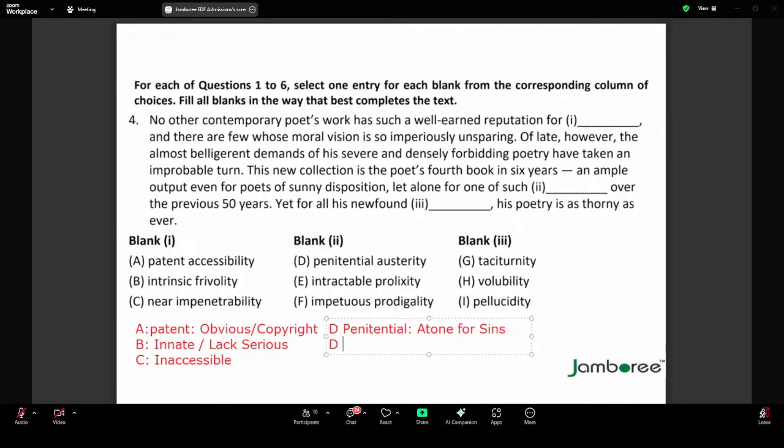Austerity, D again. This will result in somebody being extremely frugal or restrained. Intractable is something which is unmanageable.